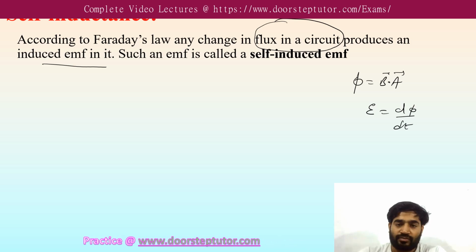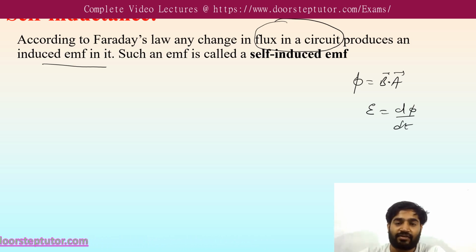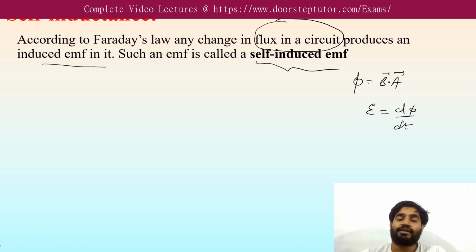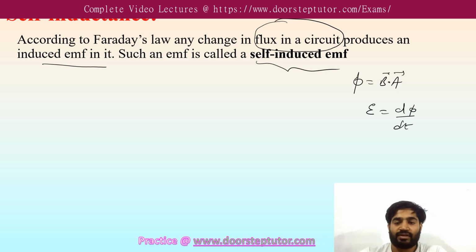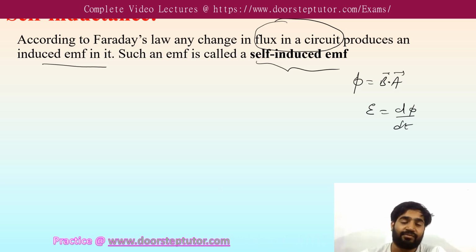Then that EMF is given a special name: self-induced EMF. As per the name, this is self-induced because the source of induction of EMF is the change of current in the same circuit.